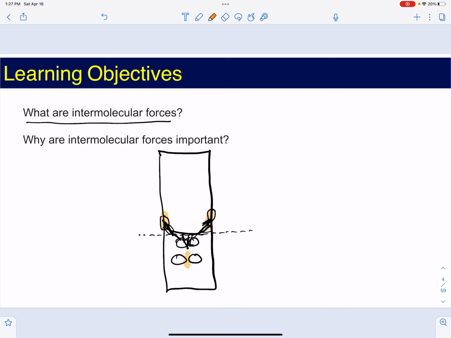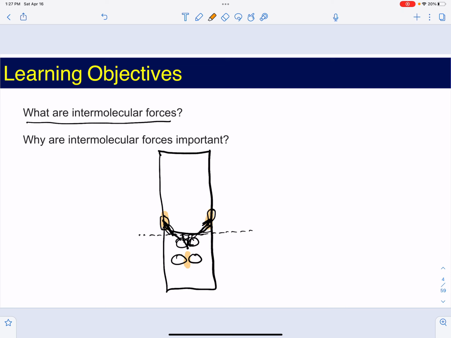How come an insect, like a fly, can land on top of the water and doesn't sink? It's because the water molecules are being attracted to each other, and the weight of the mosquito is not strong enough to break the attraction between the waters.